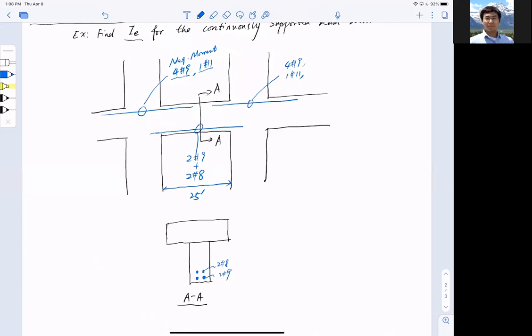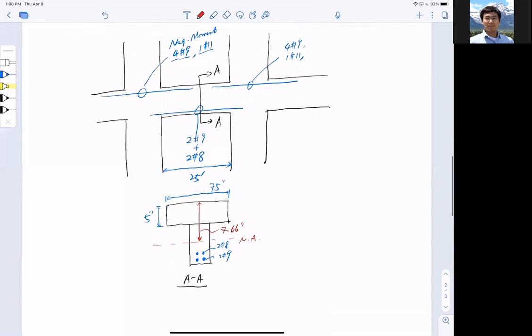Dimension wise, this T-beam has a width of 75 inches, and the flange has a 5-inch height. And the neutral axis, I might as well just tell you, we already calculated for you, and this is 7.66 inches.